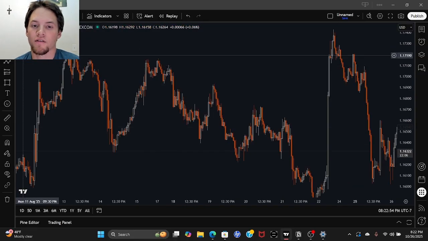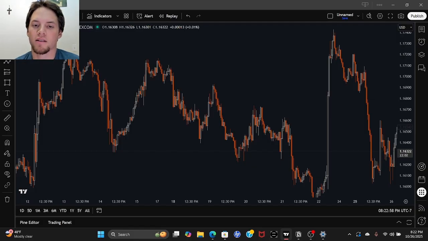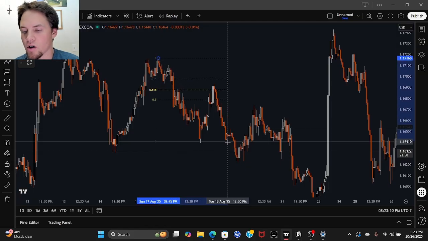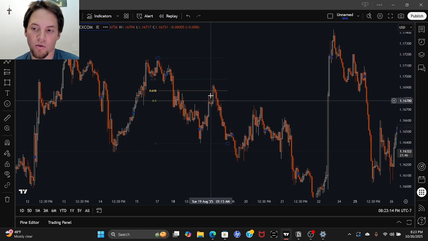Another tool that I love to use is something called the Fibonacci retracement tool, which if you click on this upper left hand side, we can take our fib tool and click from the high to the low point of a downtrend. So in an uptrend, we would click the low to the high.